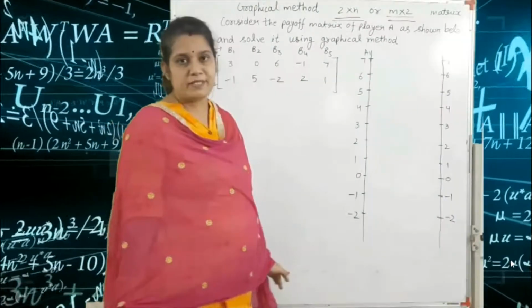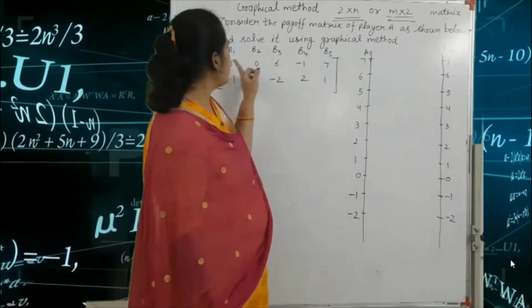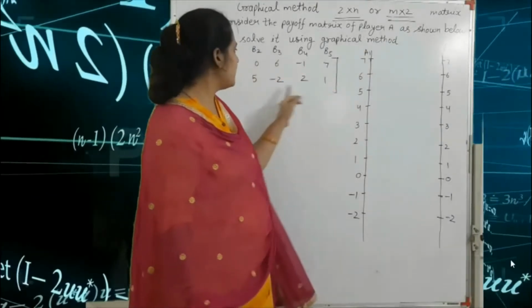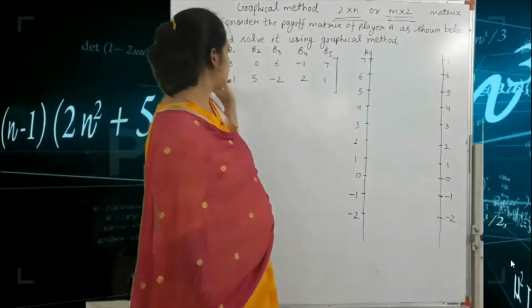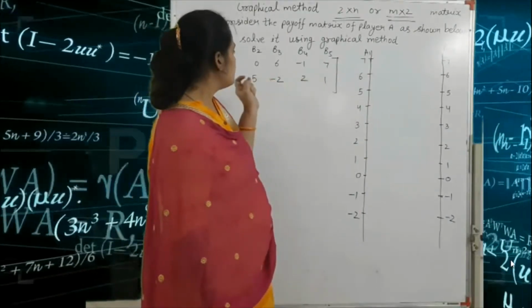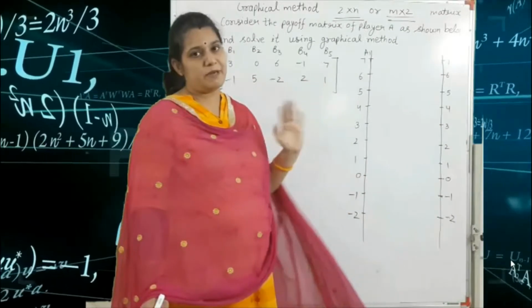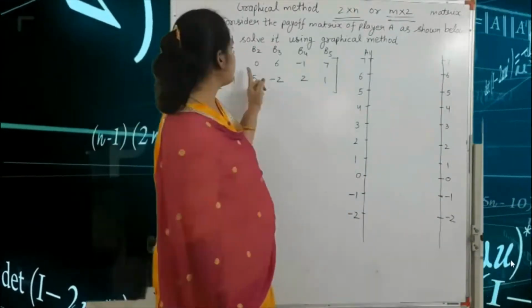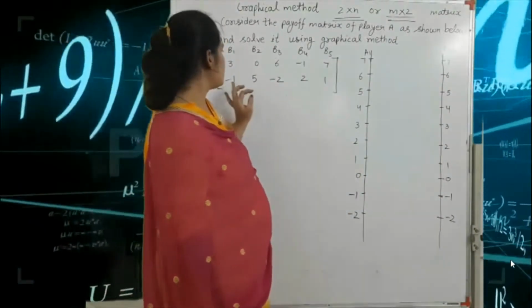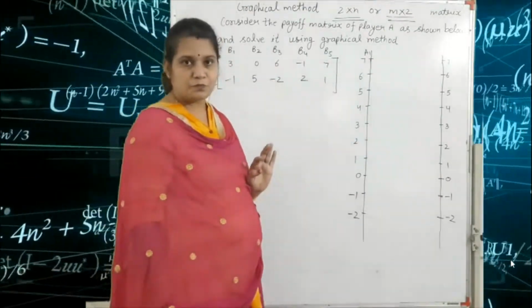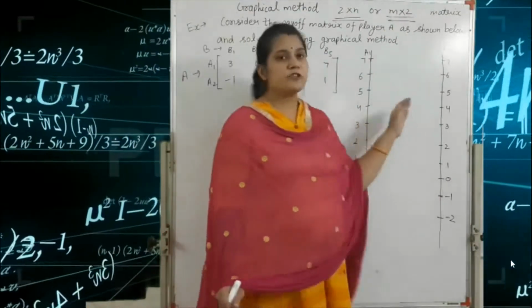The first step is to choose the maximum and the minimum value among the elements of this matrix. Here the maximum value is 7 and the lowest value is -2. So first we draw the graph.